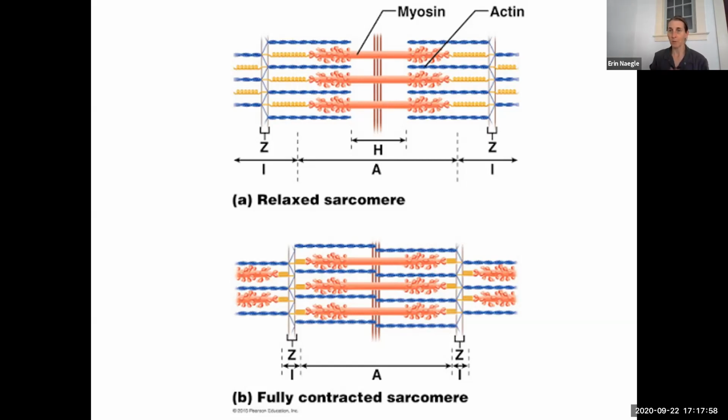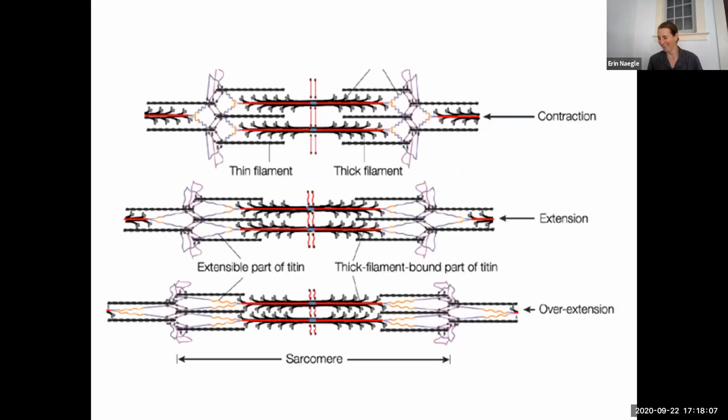Cool. What if we stretch it? You ever overstretched a muscle? Hurts, right? Why? Well, let me show you. So remember the yellow coily thing? What was that called? Yep, the titin or the elastic fibers.